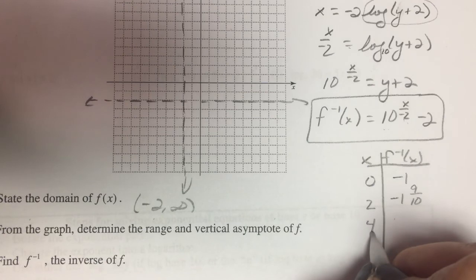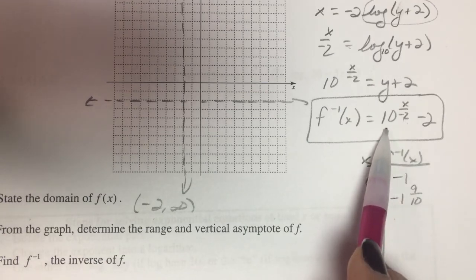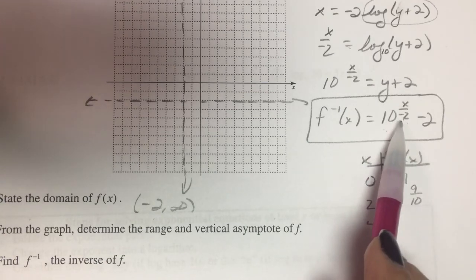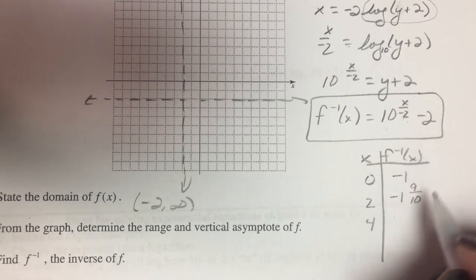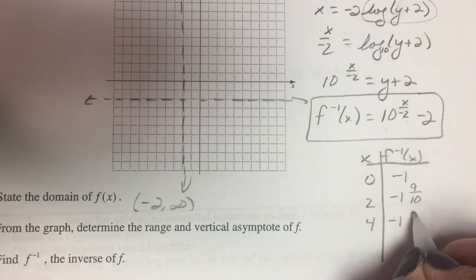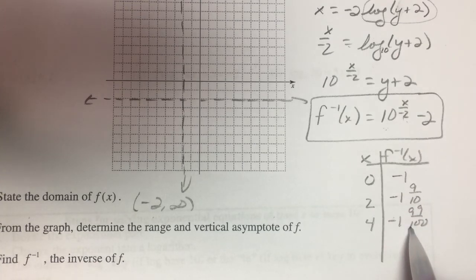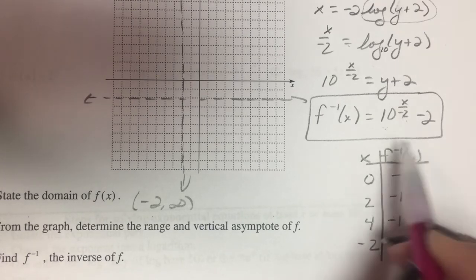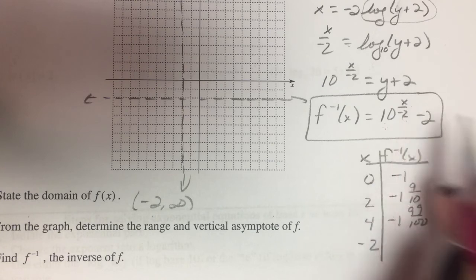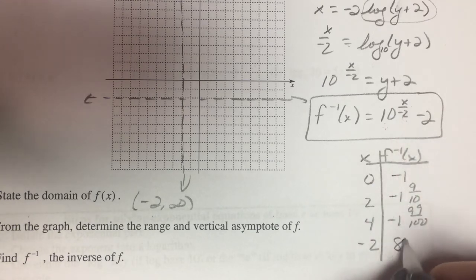If I plug in 4, that's going to be 10 to the -2, which is 1 over 100 minus 2, and that would be -1 and 99/100. So you can see we're getting really, really close to -2 there. Let's just quickly plug in -2. That's going to give me 10 to the first, which is 10 minus 2 is 8.